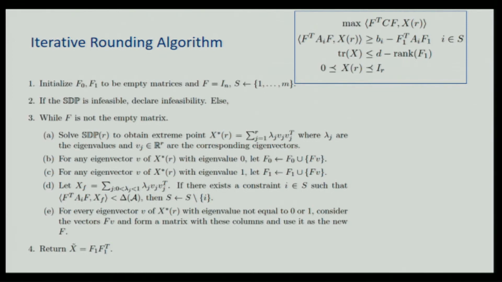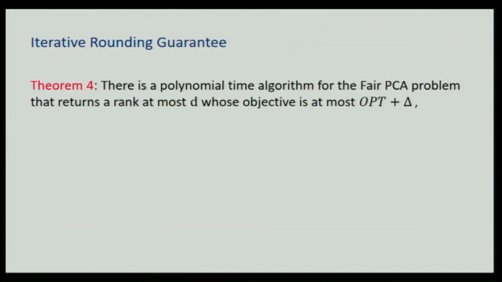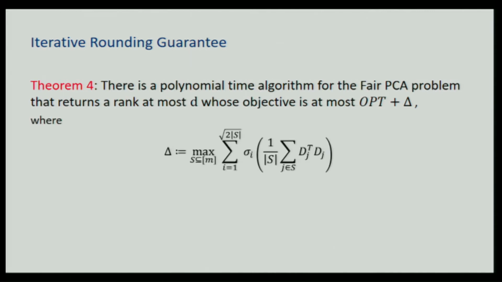But in SDPs, this was not there. So here you can turn this insight about extreme points into an iterative rounding algorithm, which basically maintains a subspace of 0 eigenvalues and 1 eigenvalues, and shows that from the remaining subspace you can either drop a constraint or move one of these to a 0 or 1 eigenvalue, and thereby make progress. At the end of the day, this gives a guarantee that instead of violating the rank, you get a violation in the objective value.